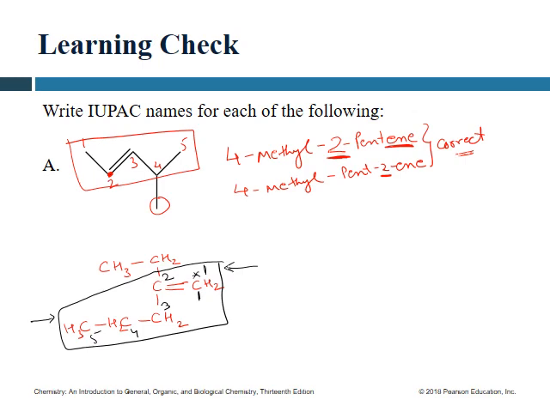If I had started from left to right, 1, 2, 3, 4, then the fourth carbon would get the double bond, which is not the lowest number. I can easily get number 1. So this is the counting that is correct. 1, 2, 3, 4, 5. Then this is our substituent, and the substituent has 1, 2 carbons, which is ethyl.